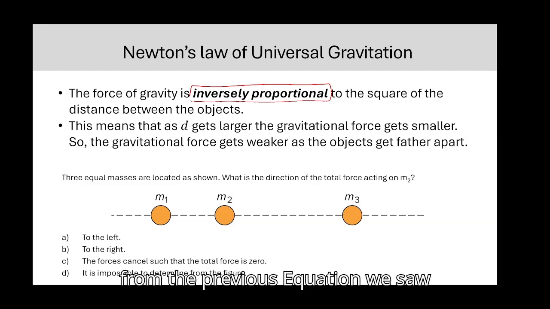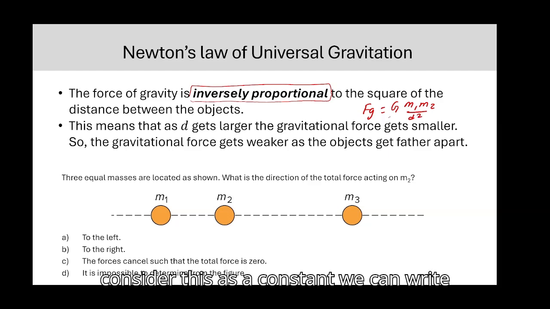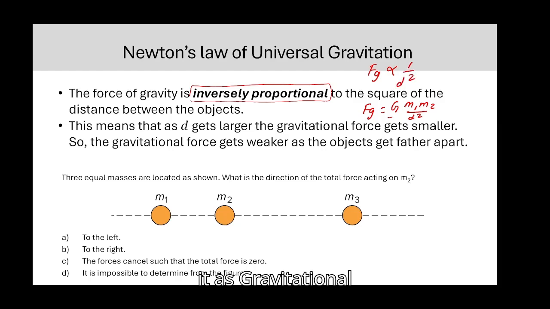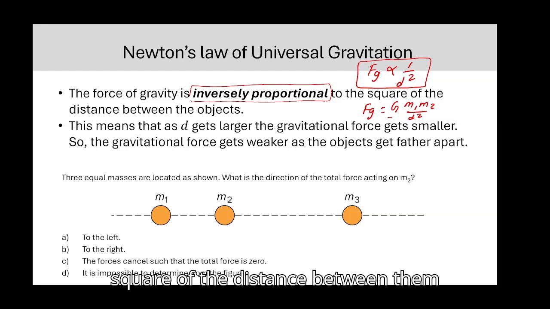From the previous equation we saw that Fg is equal to G m1 m2 over d squared, and if we consider the masses as constant, the gravitational force is inversely proportional to the square of the distance between them. This means as the distance doubles, the force between two objects is 4 times weaker.